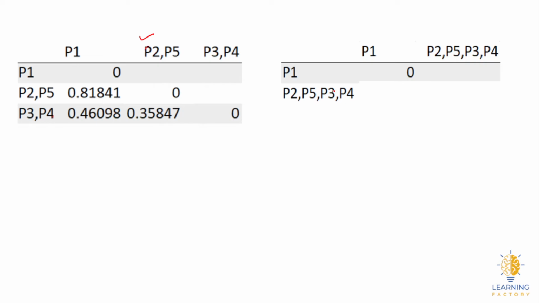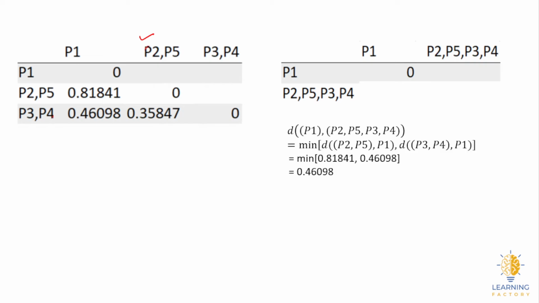Now on similar lines, we will be using the formula to compute the single linkage distance between the data points or the clusters. So we are supposed to find the distance between the cluster P1 and the cluster comprising of these 4 points, P2, P5, P3, P4. Okay, so in this old proximity matrix, we know the distance between P2, P5 and P1.